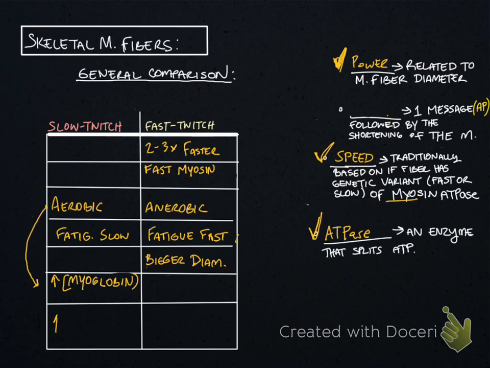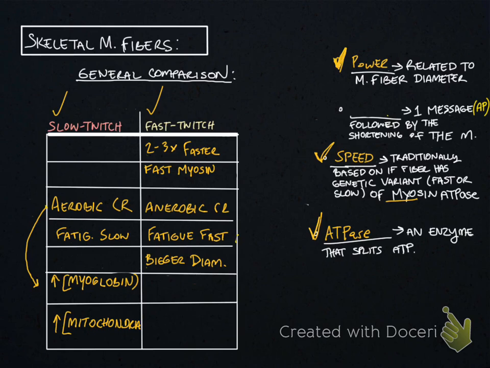They also have a higher concentration of mitochondria, which makes sense because these are the ones that are doing the most cellular respiration. Okay? So make sure you know these general comparisons of muscle fibers and also these terms.